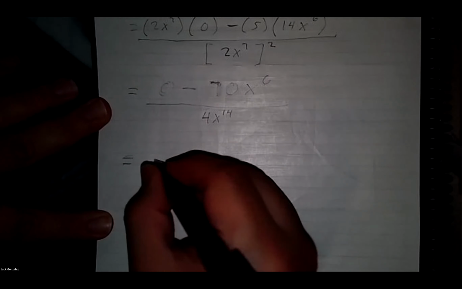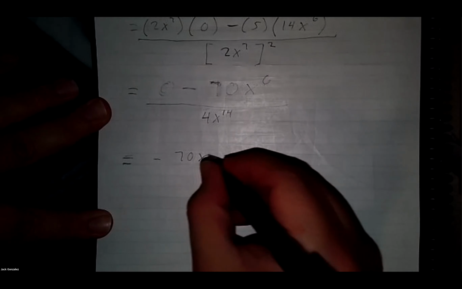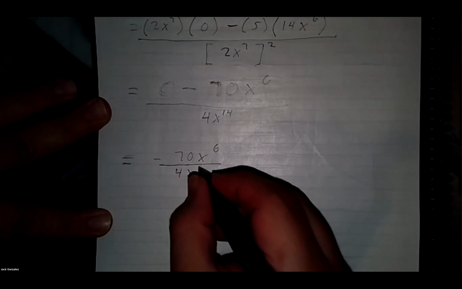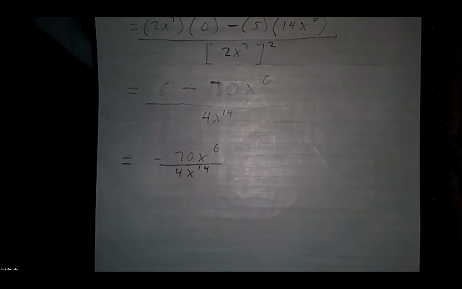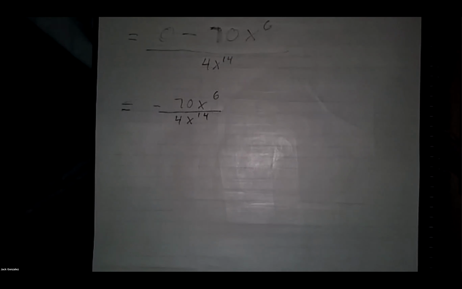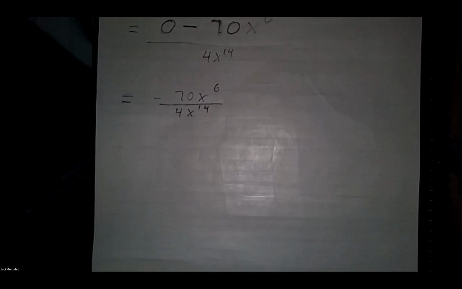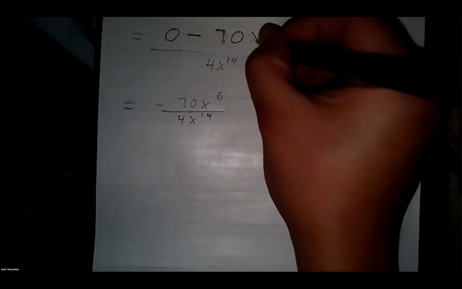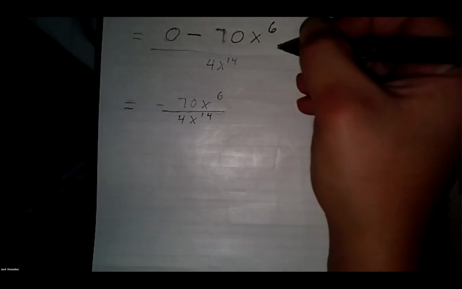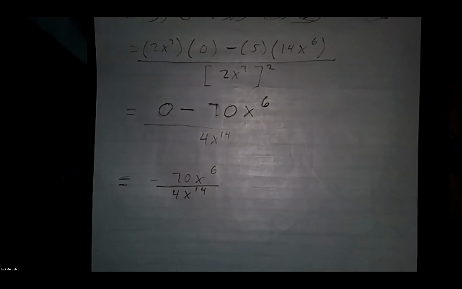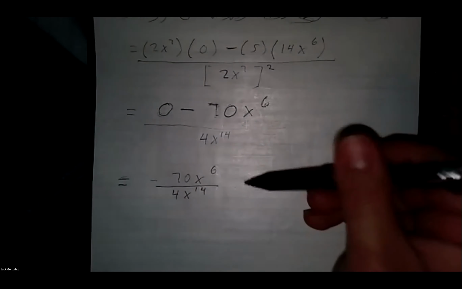This will be negative 70x to the 6 over 4x to the 14. All right, you guys saw what happened, right? You guys still with me up to here?